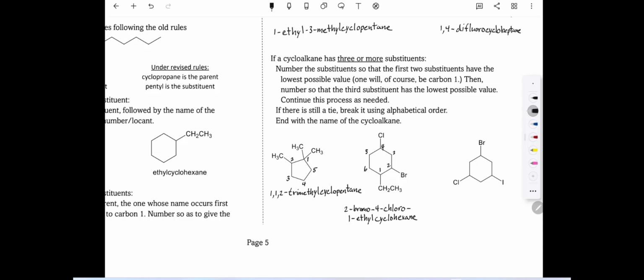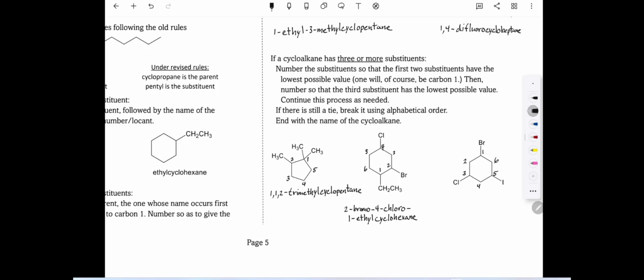If we look at this last compound, no matter how you're going to number it, it's going to come out as 1, 3, 5. And in that circumstance, we give the bromine the carbon number 1 because it comes first alphabetically. And then choosing between chlorine and iodine, it'll be the same number either way. So again, we're going to use the alphabet and number towards chlorine, which comes first alphabetically, and give iodine carbon number 5.